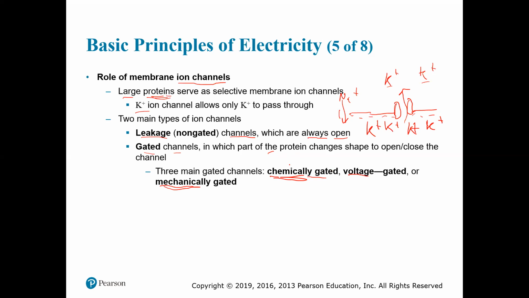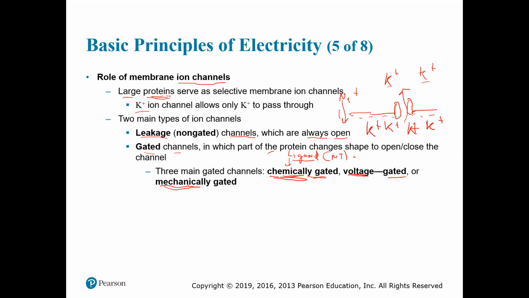So chemically gated is basically ligand gated, the ligand being the neurotransmitter. Voltage gated is about the change in polarity and the change in voltage. So these gates will open or close due to voltage. These will open or close due to the presence of the ligand, which is usually a neurotransmitter.